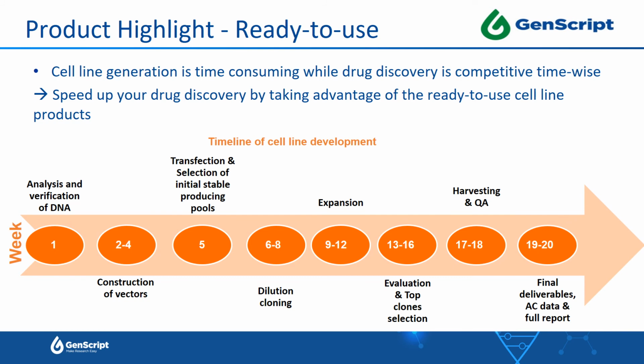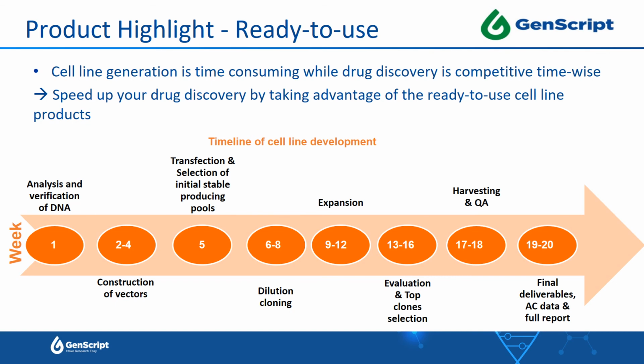In week 1, you need to do your analysis and verification of the DNA. After that, it takes about a couple of weeks for the construction of the vectors. Starting in week 5, which is your second month, you can do transfection and selection of the initial stable producing pools. And then it will be another couple of weeks for dilution cloning.